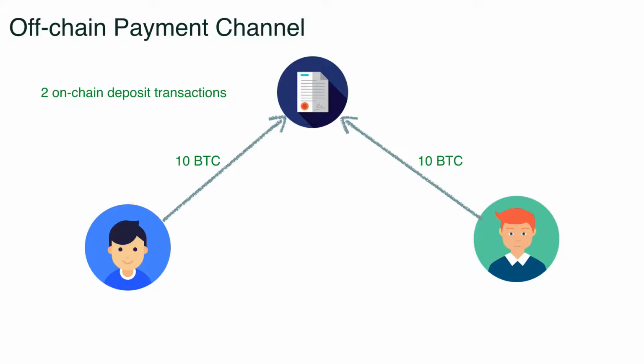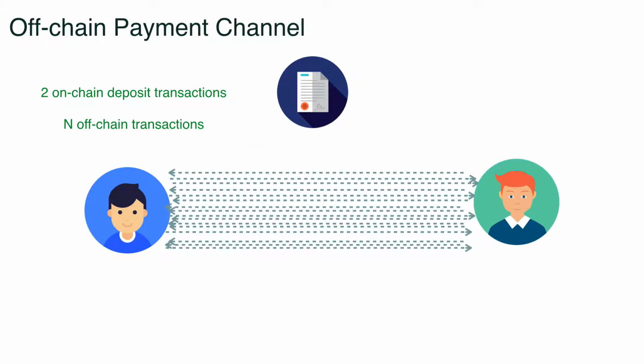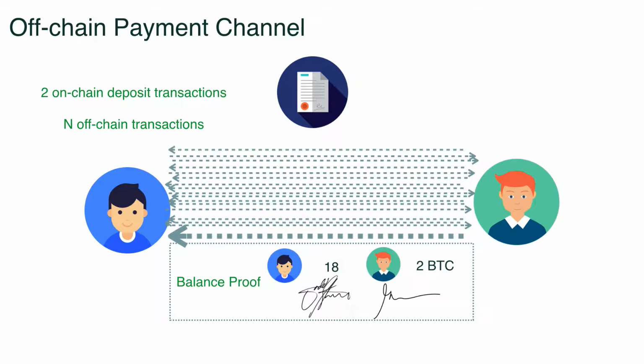Now, I will skip this part because most of you already know what Lightning and payment channels are. Very quickly, a payment channel is a smart contract where you deposit money together with your counterparty. After the deposit, you can do off-chain transactions, because this smart contract is smart enough to take the balance proof that you're passing back and forth with your counterparty and pay out whatever it says.